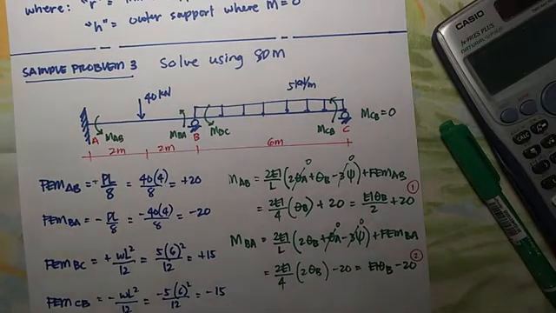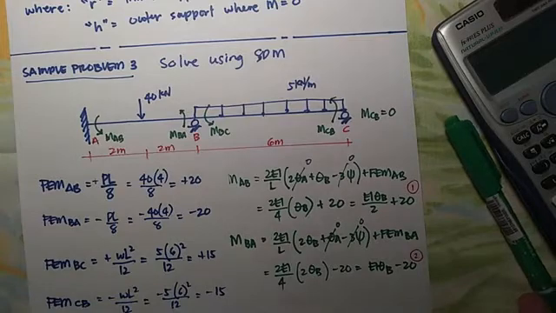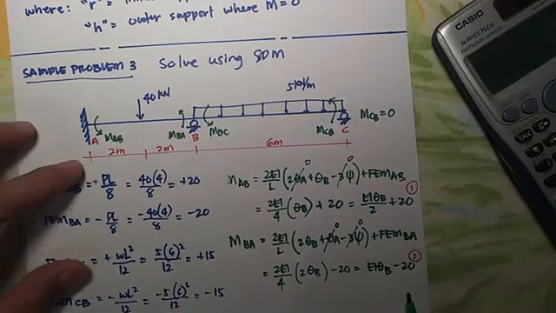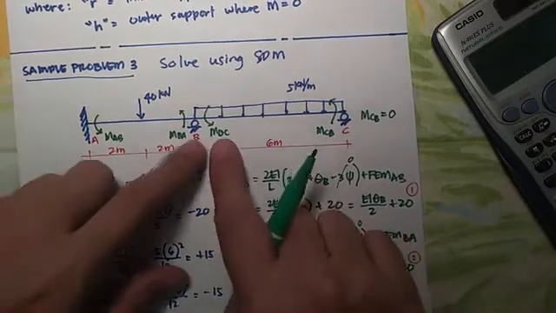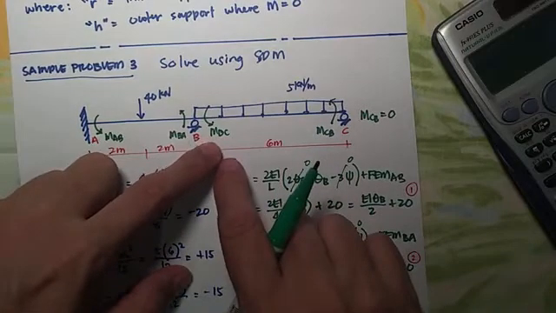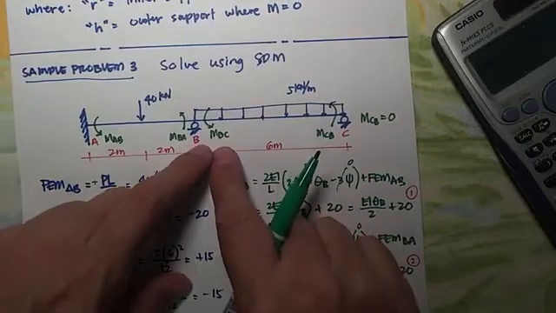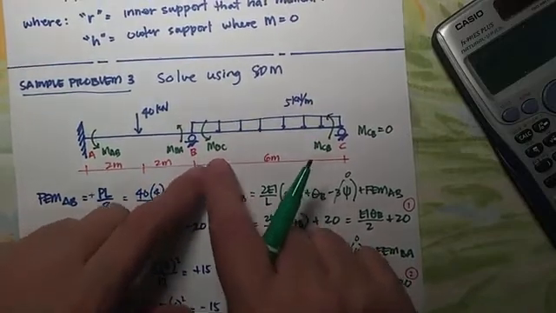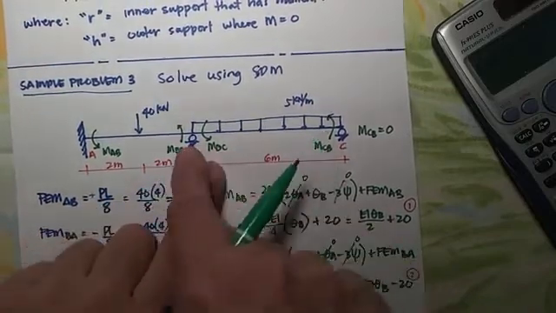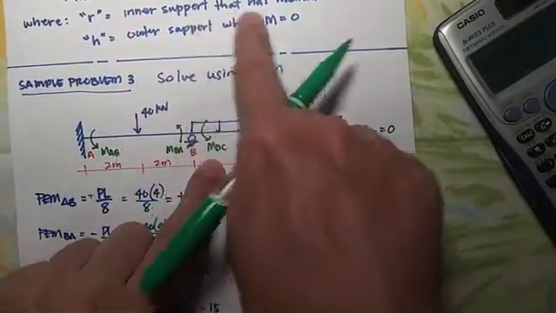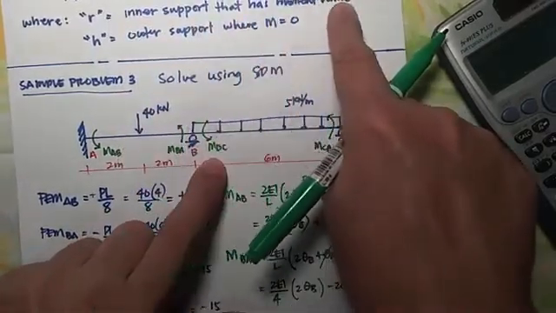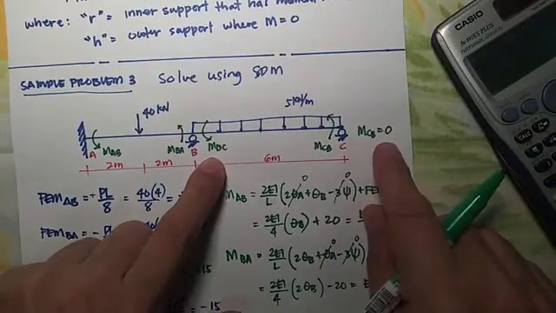Now next, how about MBC? MBC is the moment on the inner support that has the moment value, while MCB is already 0.